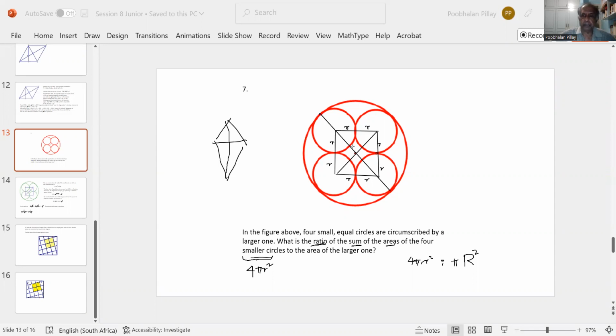So this distance from here to here is what we need to calculate. Let's call the center here A, and the center here B. And now you've got a square here, and the square has lots of properties.